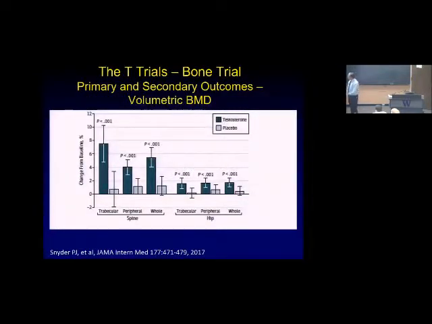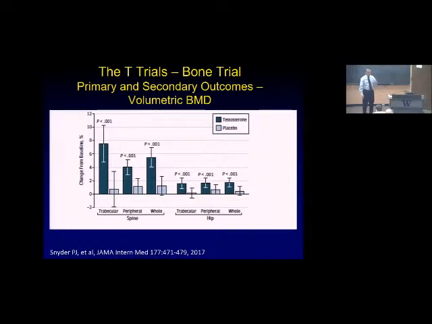And what we showed here is in terms of change from baseline in spine versus hip and trabecular compartment and peripheral compartment and the whole spine versus trabecular, peripheral, and whole in the hip, is that by and large bone mineral density using a volumetric CT methodology.